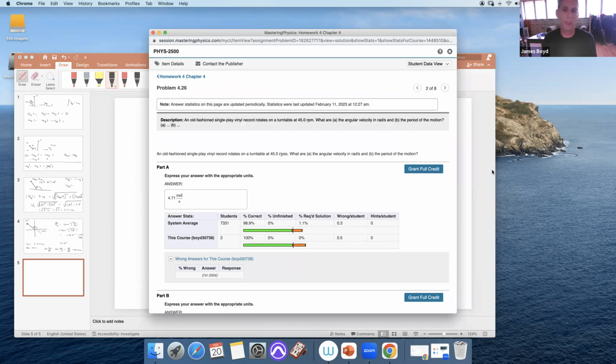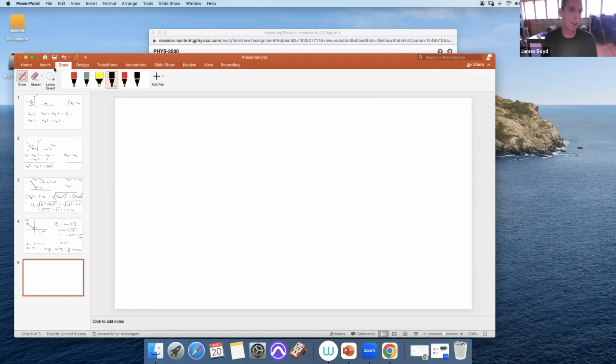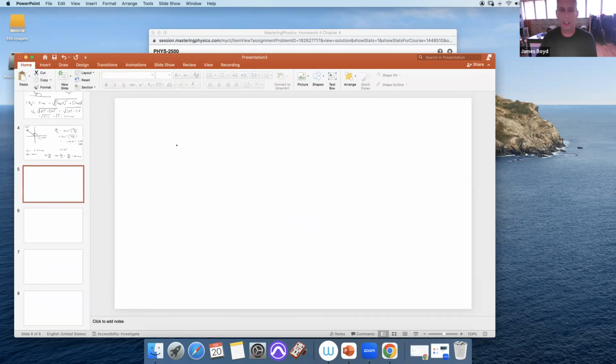Okay, so now we need to talk about rotation. We previously talked about uniform circular motion, but now we're going to talk about just normal rotation. And when something rotates around a solid object, say a disc or a ball or a wheel or whatever, we can use what's called the rolling without slipping approximation.